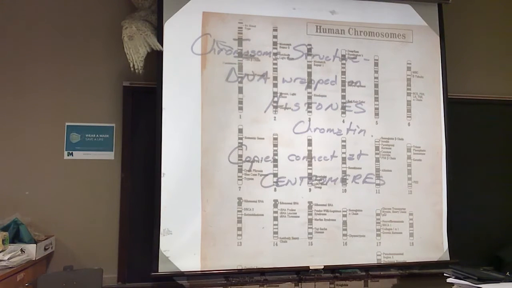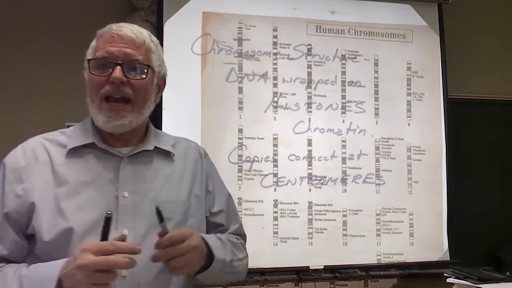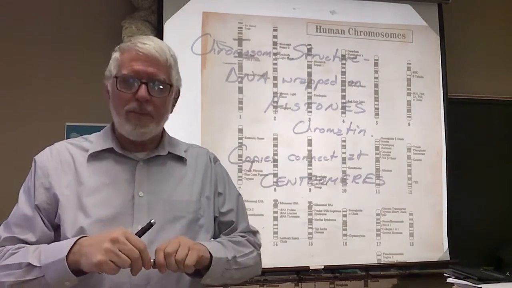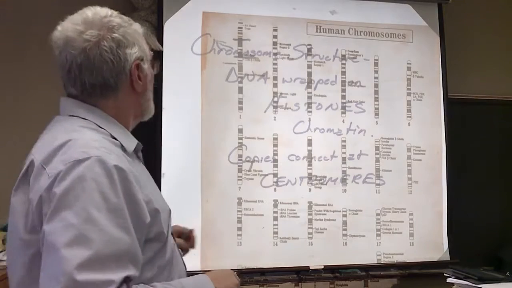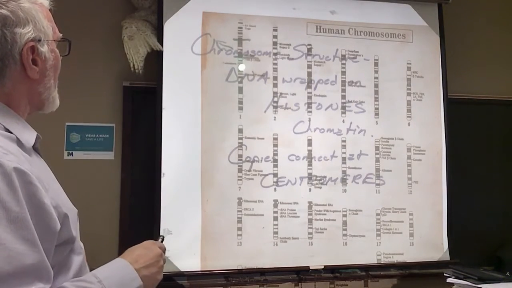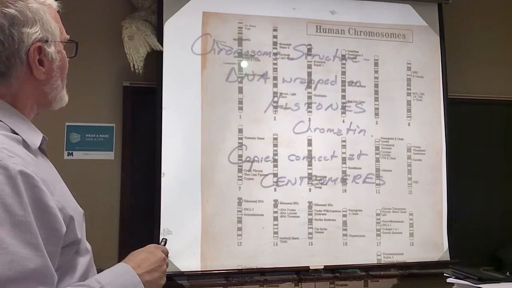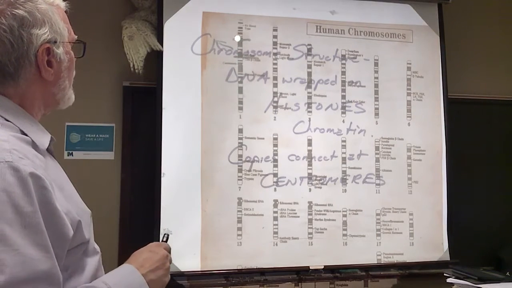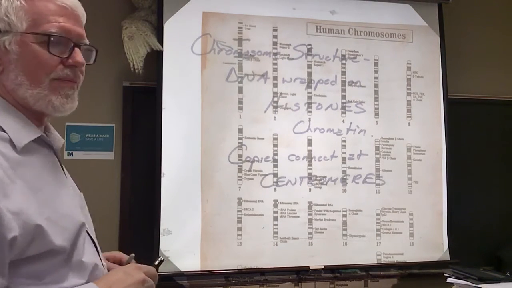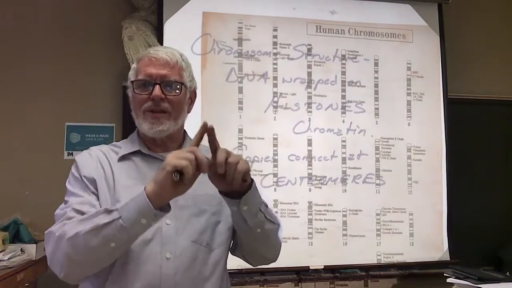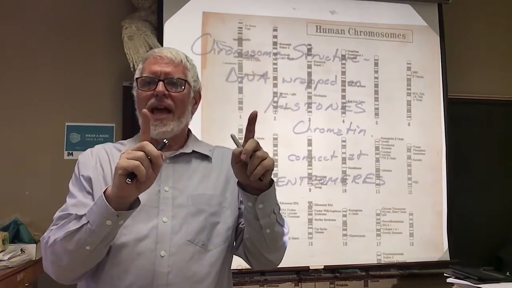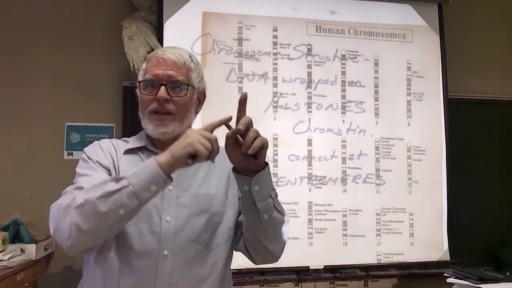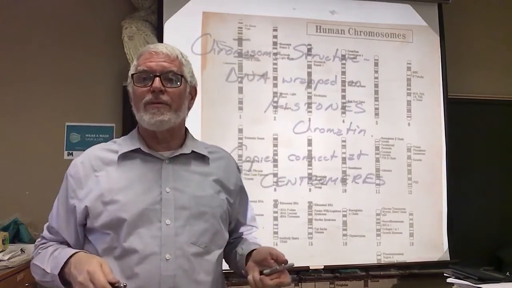That's the centromere. It has the specific purpose of staying connected here when this is made into a copy. What you're going to do is pull these strands apart. I'll show this to you. Pull the strands apart, and with each strand, make a new copy of where the old strand used to be.